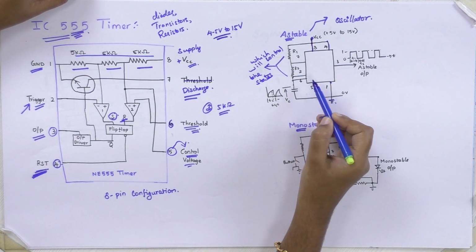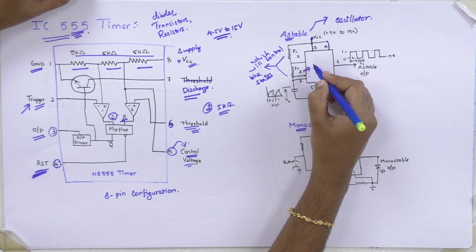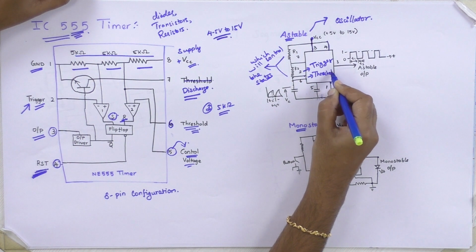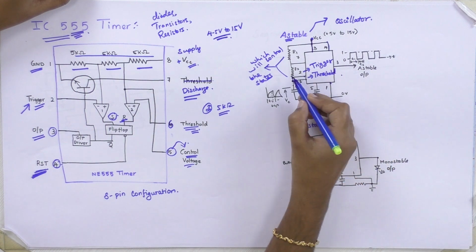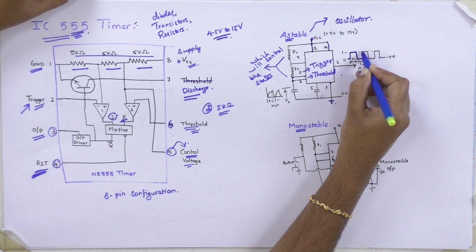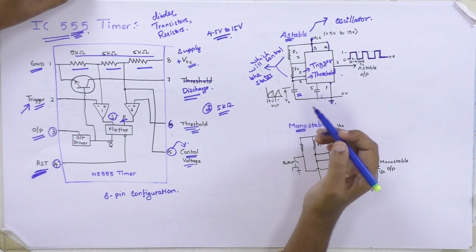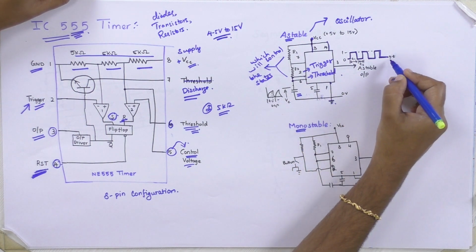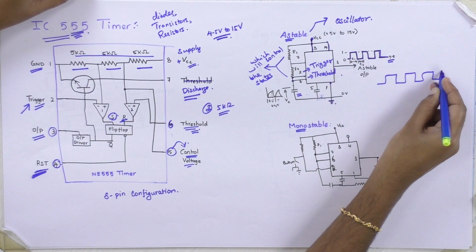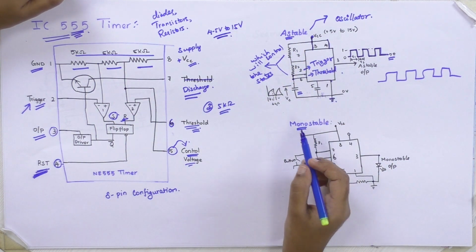Pin 2 is the trigger pin and pin 6 is the threshold pin. These two are shorted. This means the capacitor will be continuously charging and discharging. So this state is not a stable one. You will be getting output at all the periods. This type of operation is called the astable mode of operation for the 555 timer.